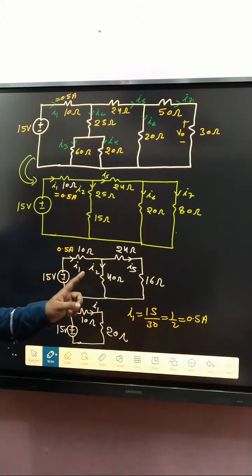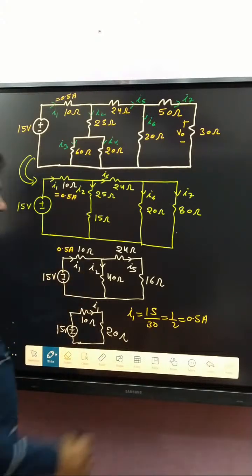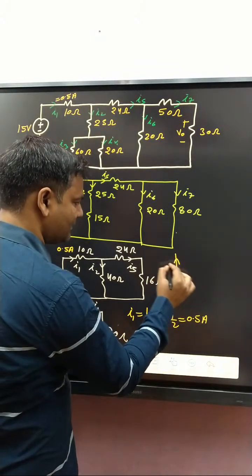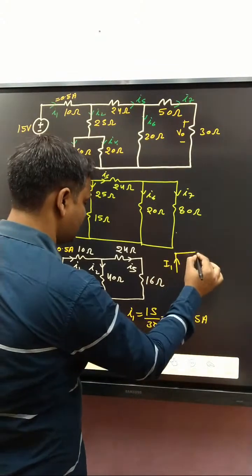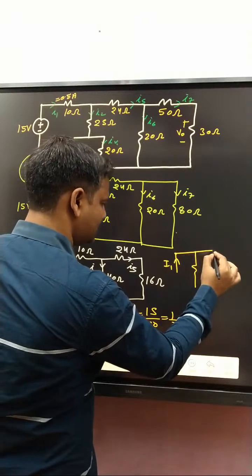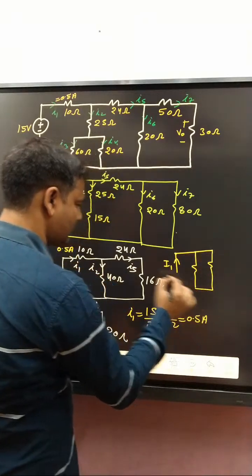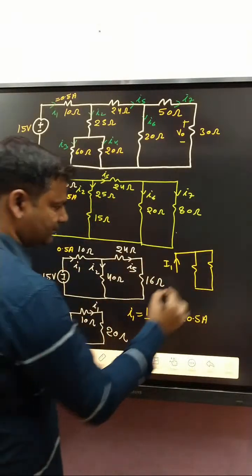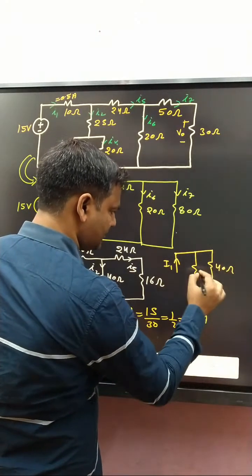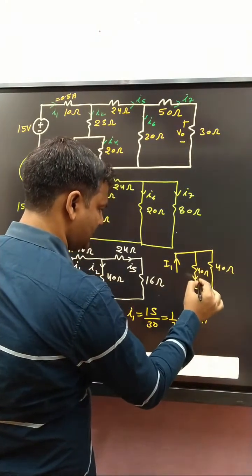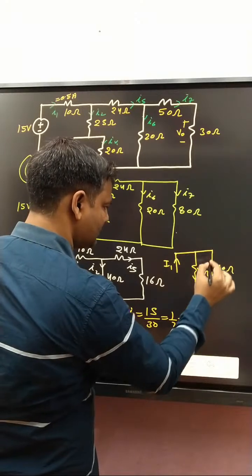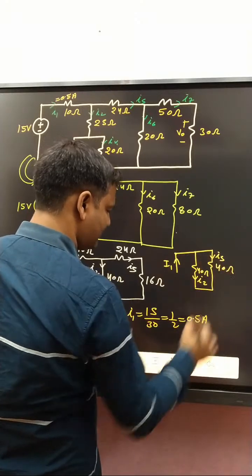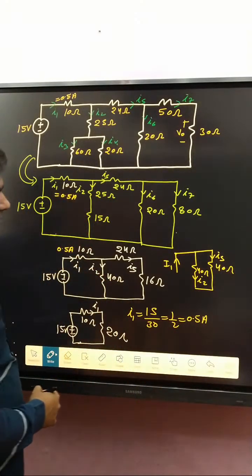Now again, if you see that circuit, here I1 and here 40, and the combination of these two, 40, and here 40 ohm, and here what about I2 and here I5. So what about I5?